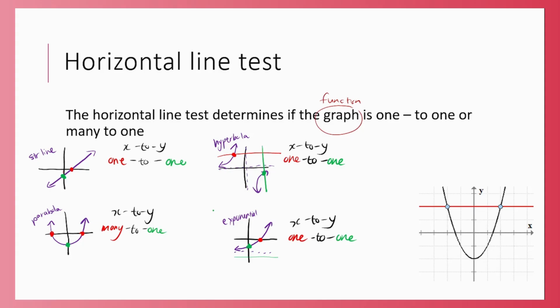For the main functions that we did in paper 1, the only exception for being one-to-one is a parabola, and there's going to be a story there with the straight line. But stay tuned for that.